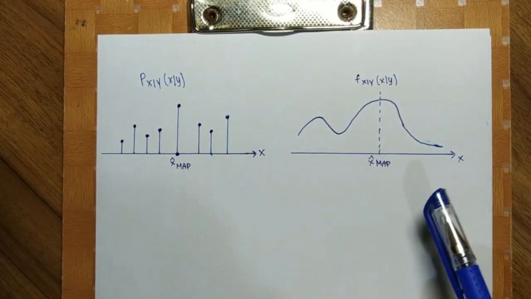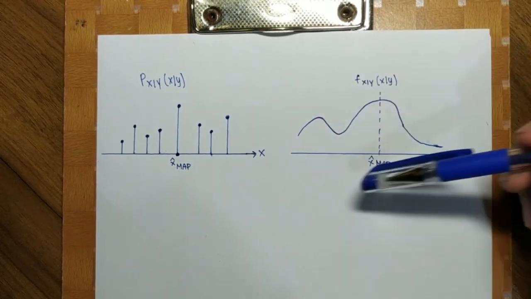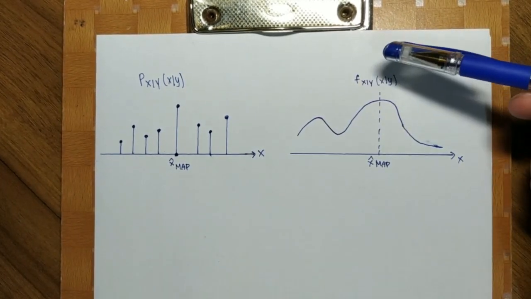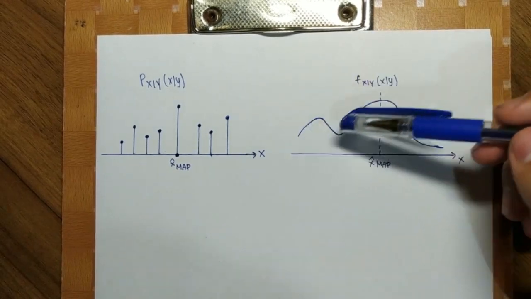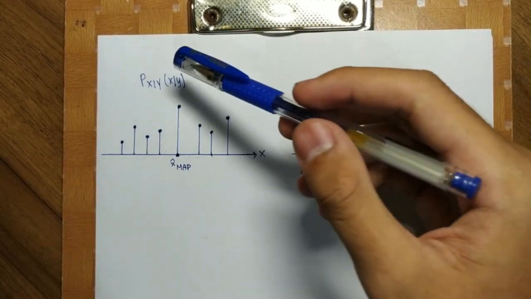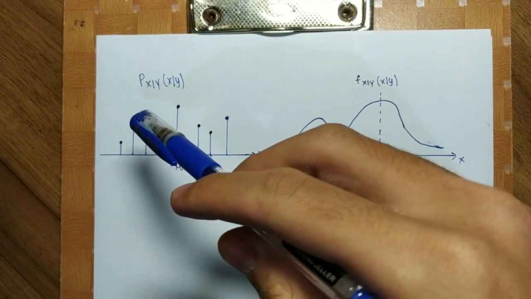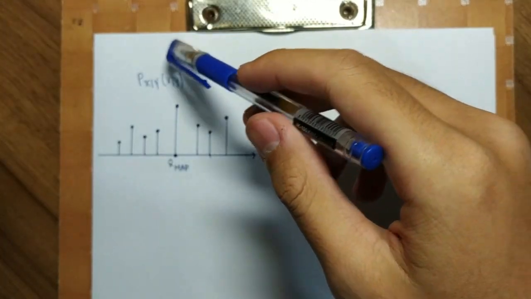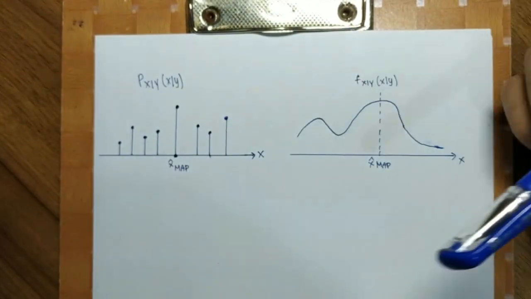The right one is the PDF or the probability density function, and the left one is the probability mass function graphic.